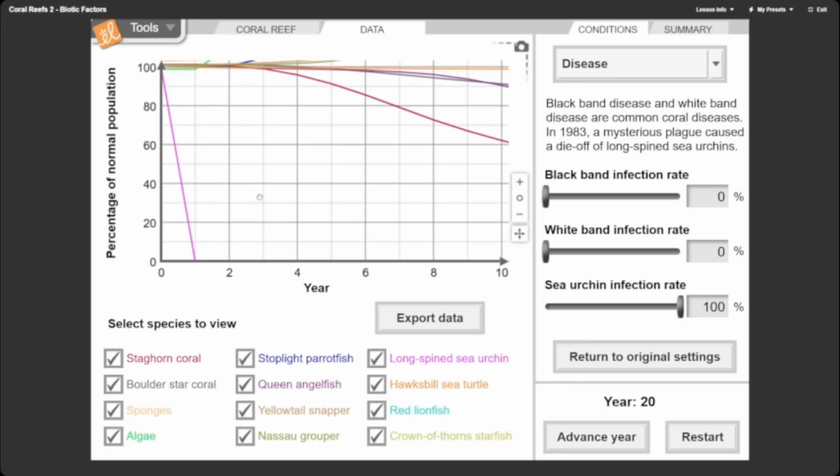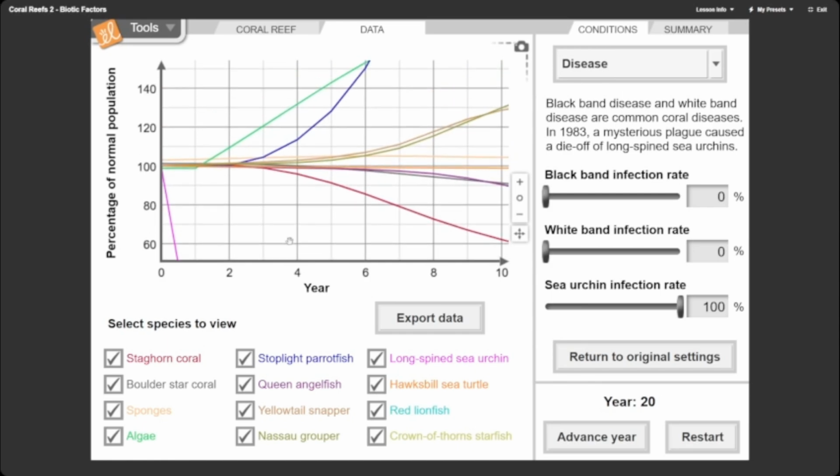So within the first year, they all die out, and then the coral reef responds. You can look at the algae and the parrotfish populations, as well as the staghorn coral and the queen angelfish and coral star or boulder star coral.